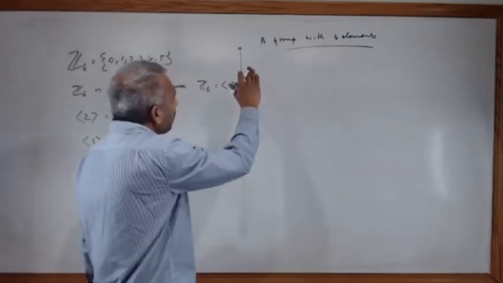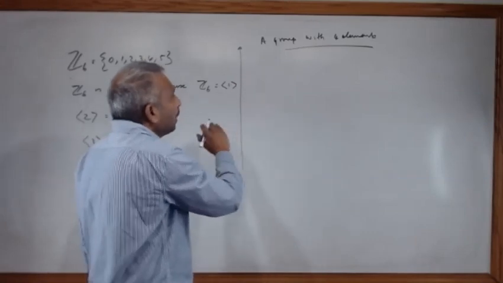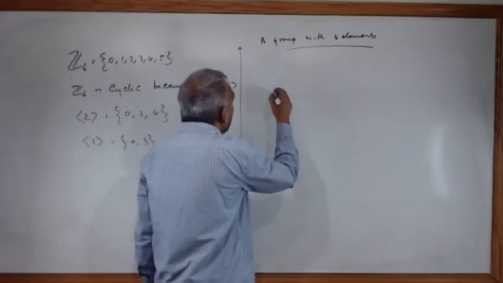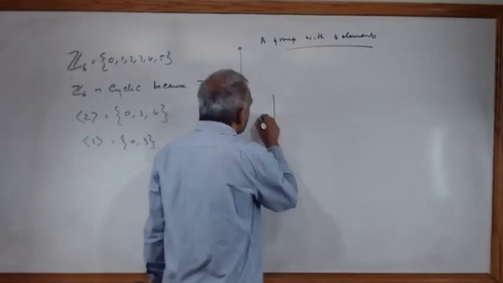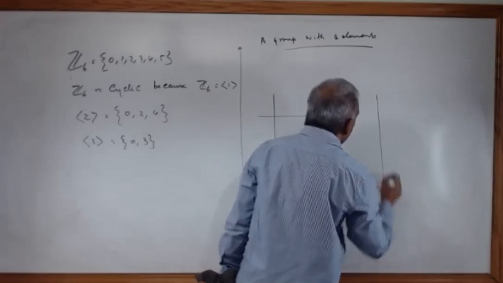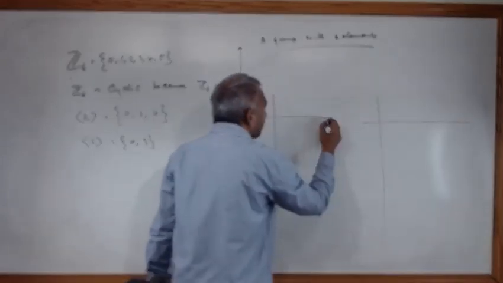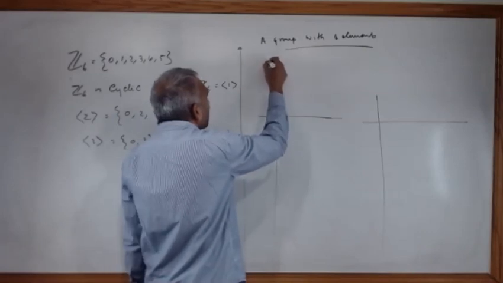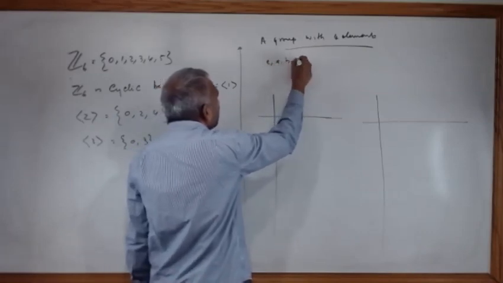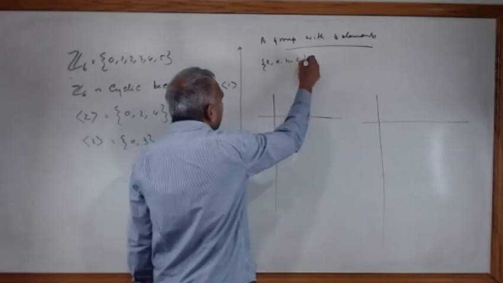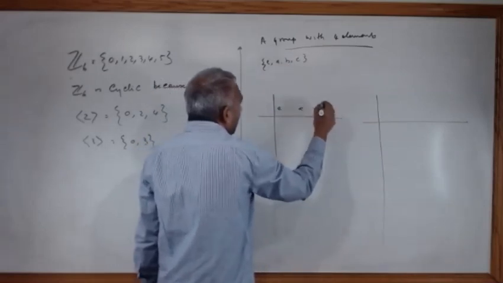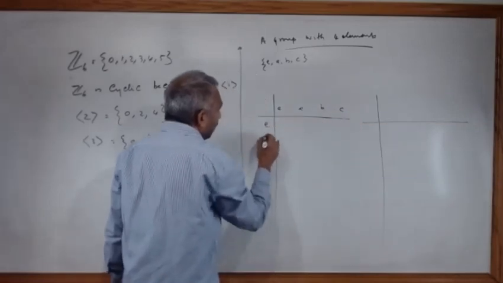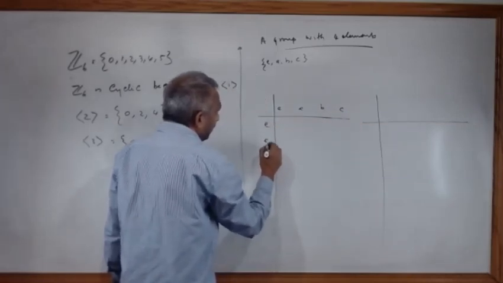The way we are going to show this is using the multiplication or operation table. So we'll see there are 2 ways of expressing this multiplication table here. In general, 4 elements we can write as E, A, B, C. We don't know what they are. So E, A, B, C. And we are going to define the operation of these elements.